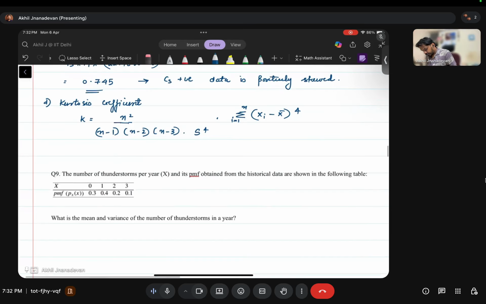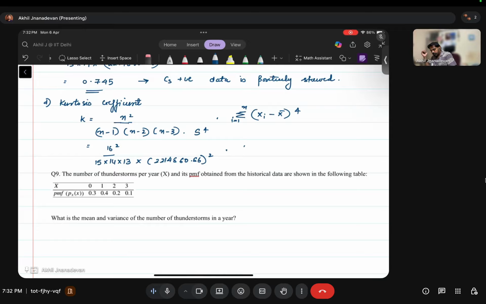So if we substitute this, we'll be getting 16 square, that is known. The denominator will be 15 into 14 into 13 into the variance 221,486 whole squared, that is s raised to 4, and that into the summation terms.